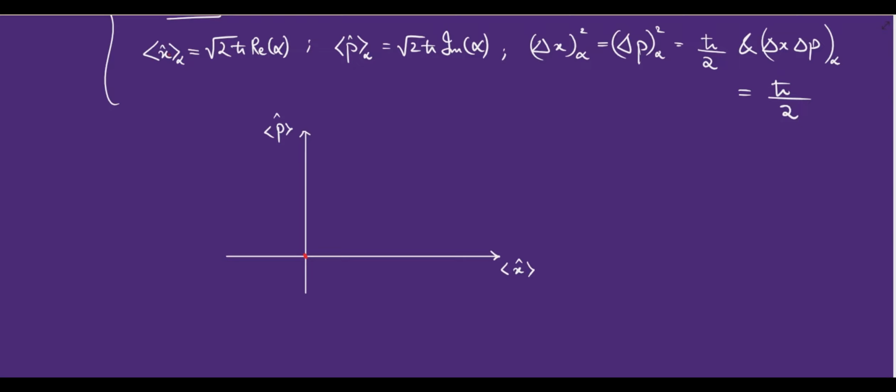And I can represent the uncertainties by, let's say, a circle. In reality, it's a Wigner function, which I will come to in later videos.